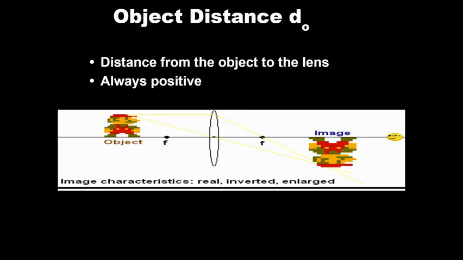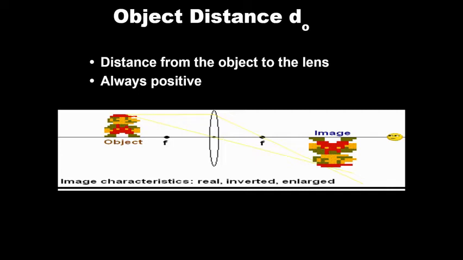Earlier, we discussed object distance in terms of reflection from a flat mirror, a plane mirror. Object distance and image distance also apply to lenses. The basic definition doesn't change, but we will add some sign conventions.